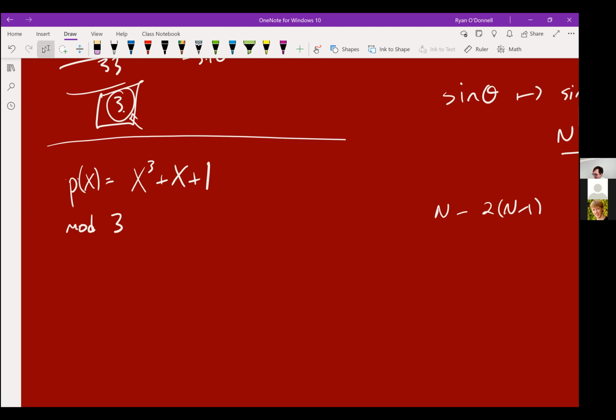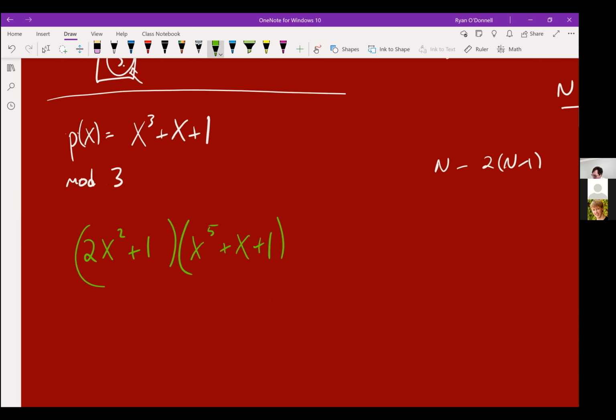We might have two polynomials, like 2x squared plus 1 times x to the 5 plus x plus 1. And then mod P of x.